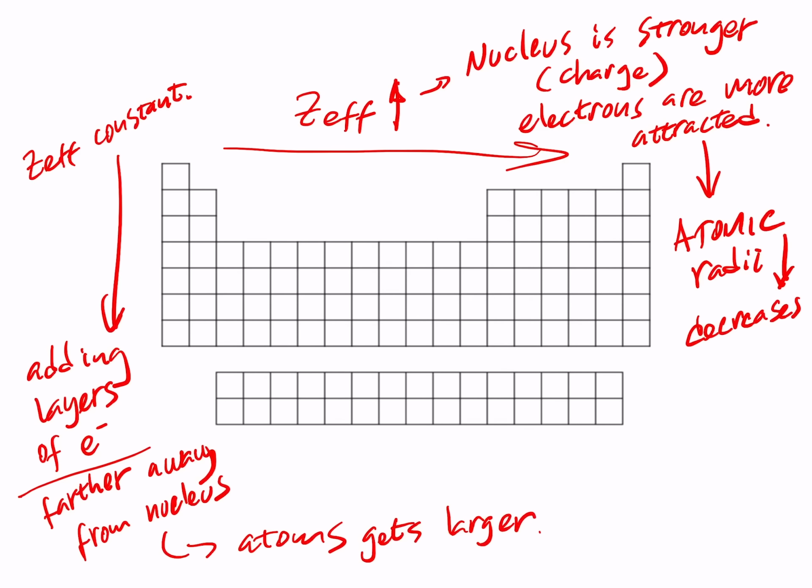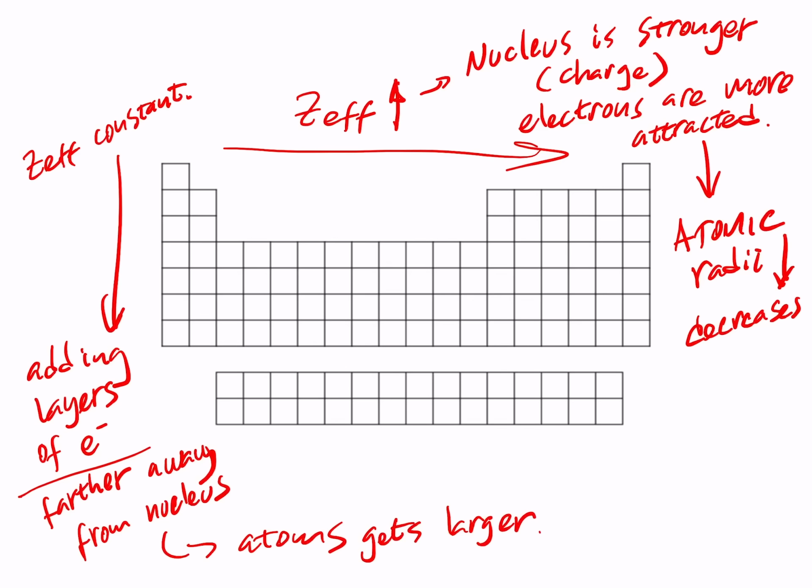So these are the principal outcomes when you look at the effective nuclear charge and how it impacts the size of the atom. As you move down the group, you're increasing the number of layers of electrons. So those are the main impacts on the size of the atom.